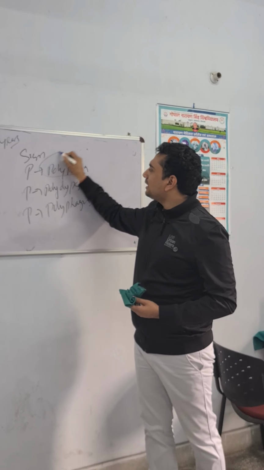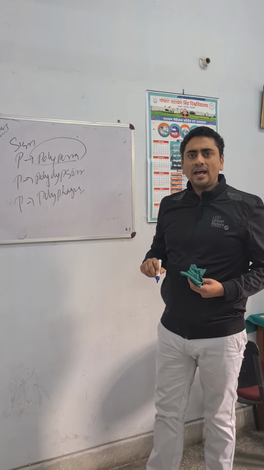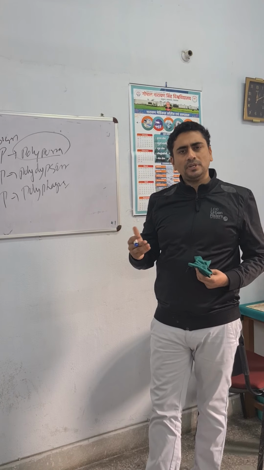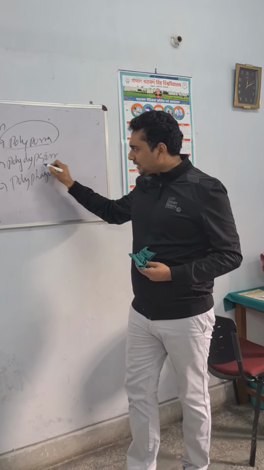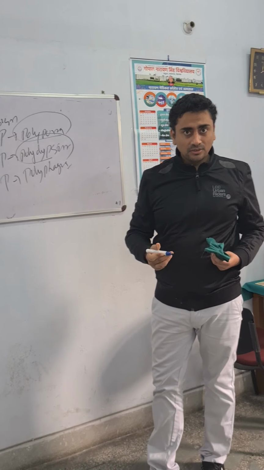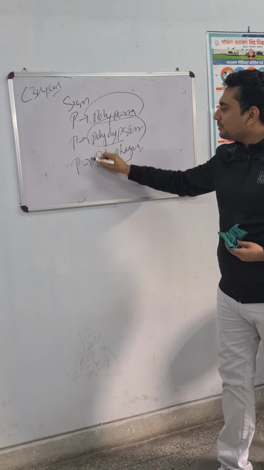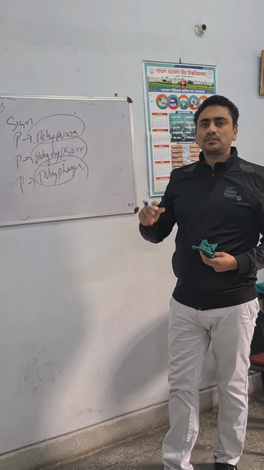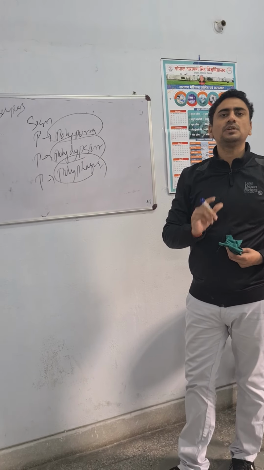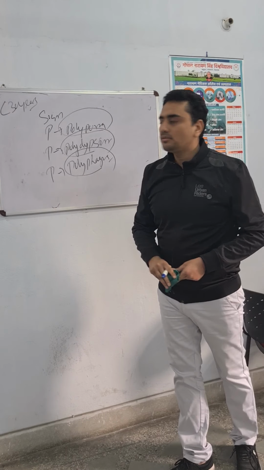Polyuria means increased urinary output, and that will be reflected in the form of increased frequency of urination. Polydipsia means increased thirst, okay, and polyphagia means increased hunger. So these are the 3 medical terms or the 3 classical signs and symptoms which we associate with type 1 diabetes mellitus.